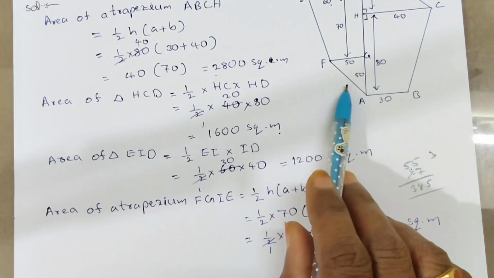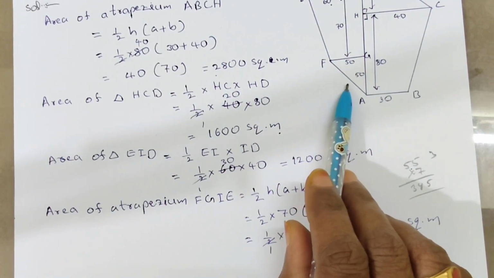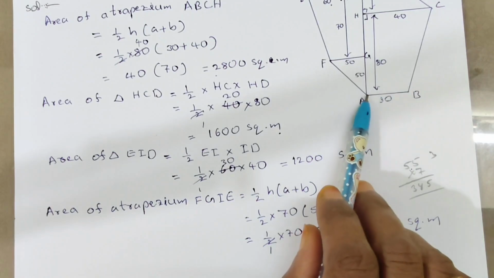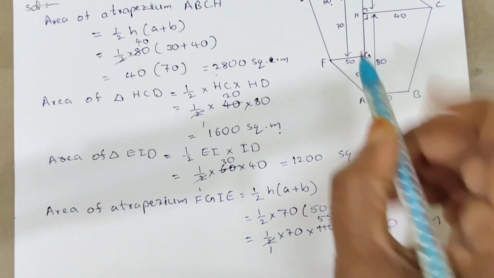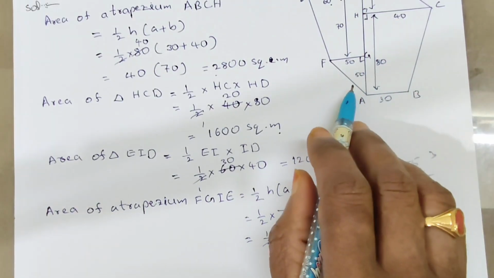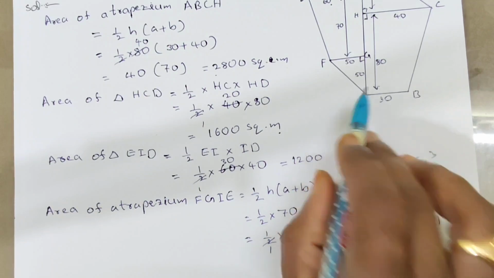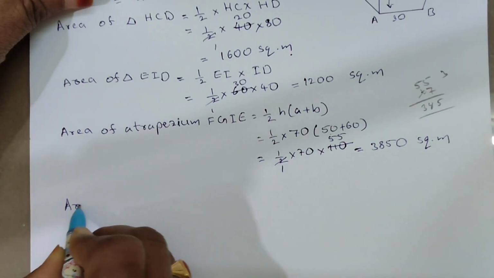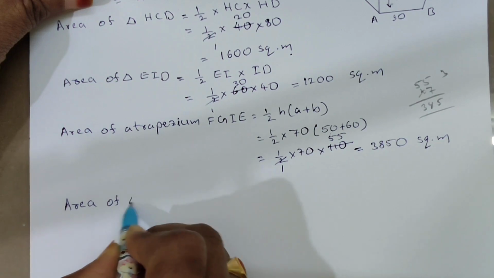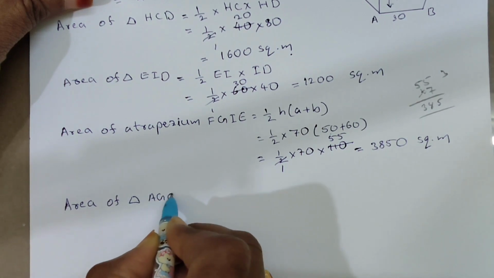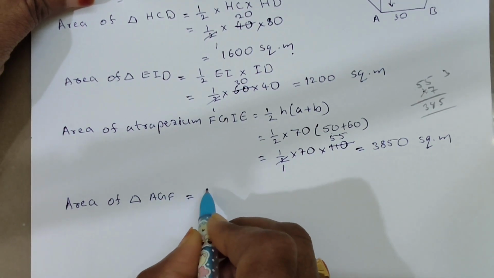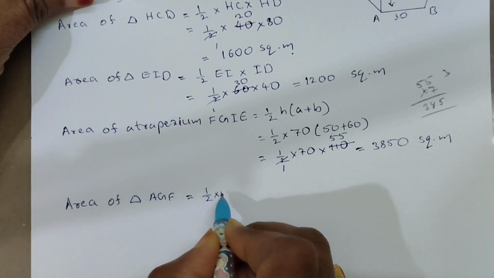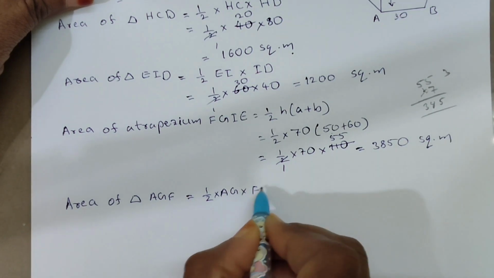Now the last one is we find the triangle area. Here two sides are there. AGF is a right angle triangle. So now we find this triangle's area. Area of triangle AGF is equal to 1 by 2 into AG into FG.